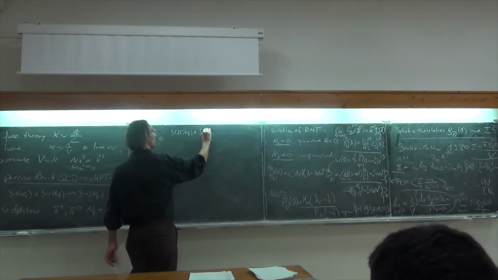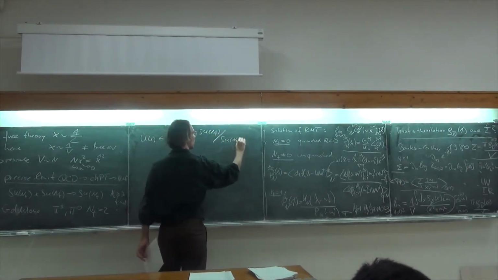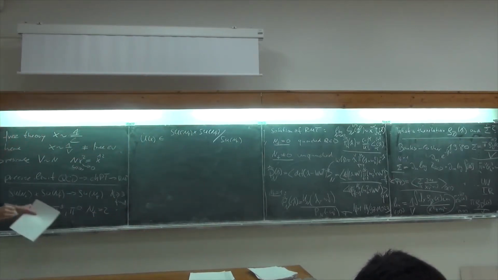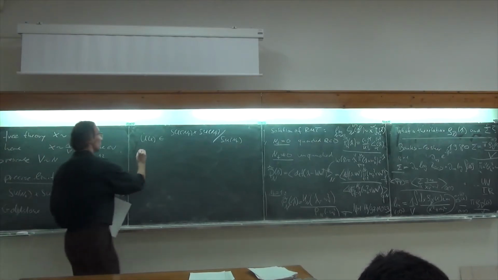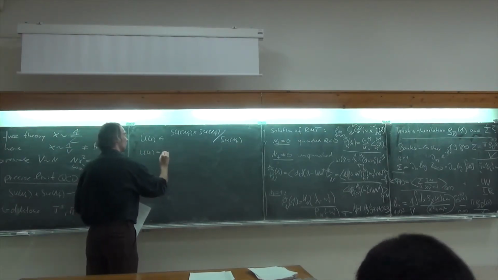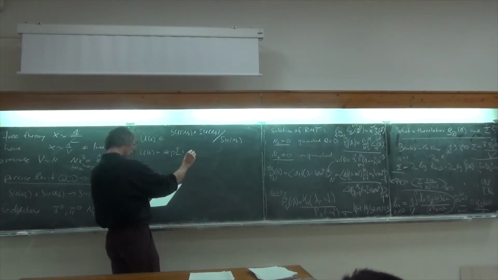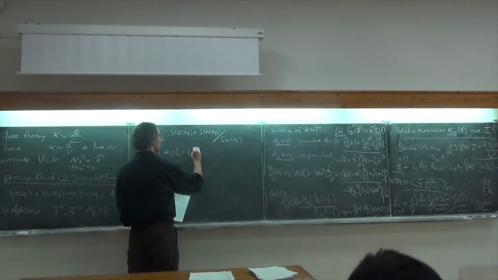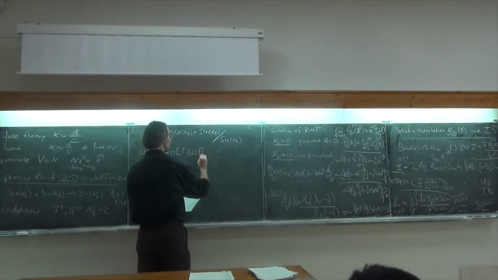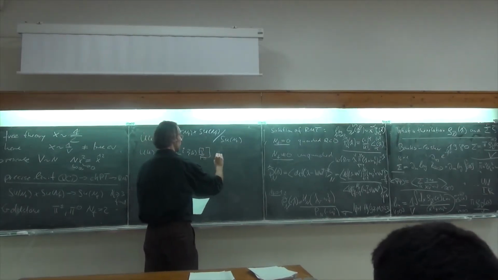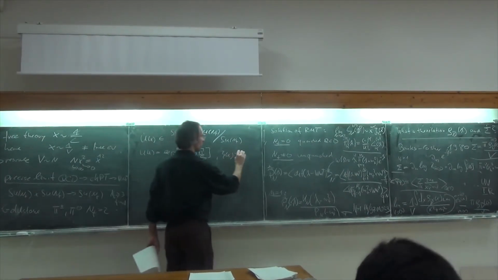U will be given by generators, with some conventions here, and then the psi for 2 flavors will be expanded in terms of Pauli matrices.